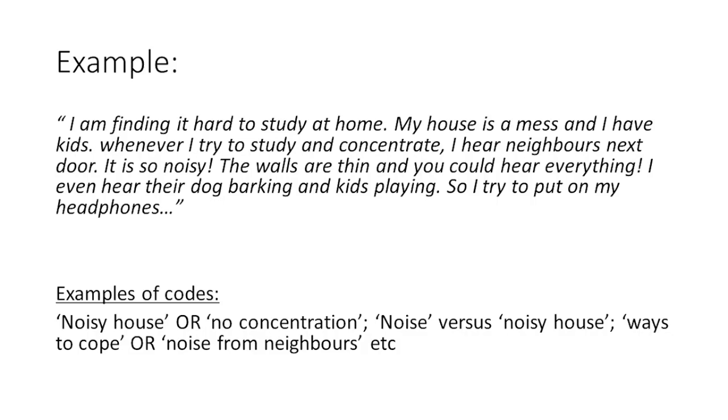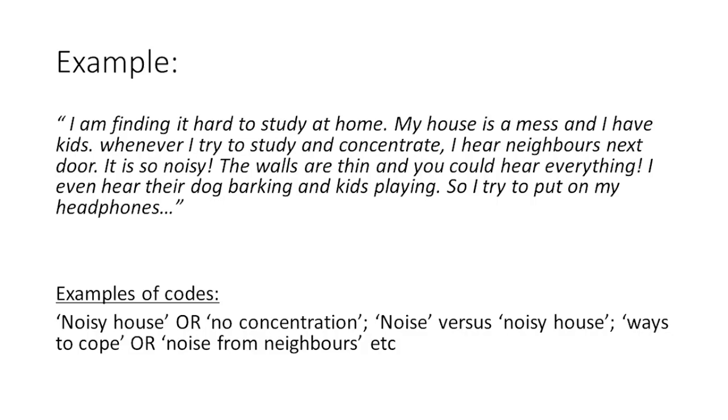So when you see this extract of your transcript or recording, how do you start assigning codes? I listed here some examples that you might think about. Could we say the summary is about noisy house, or no concentration? Look at these examples that I've put in and think about the differences between them.